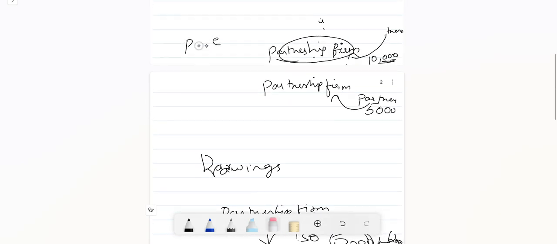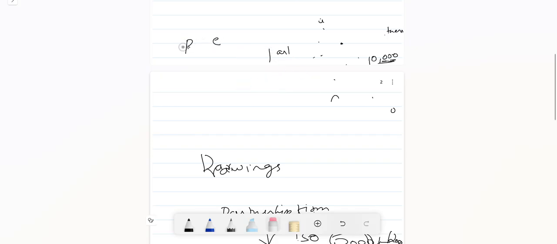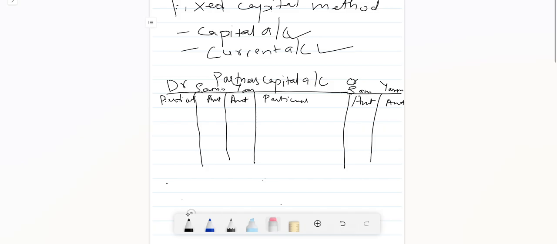So I will just write an arrow mark for you guys to have a better understanding.